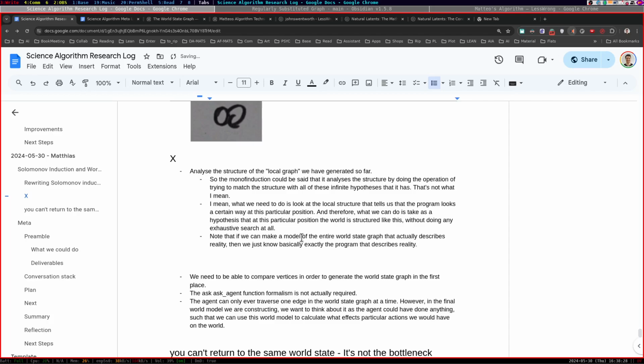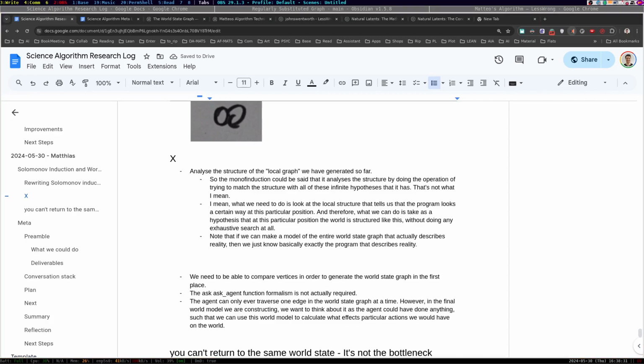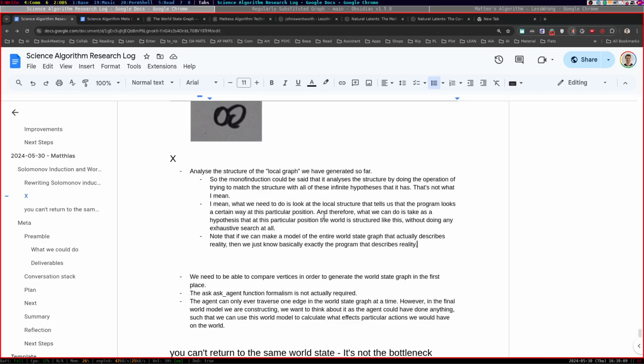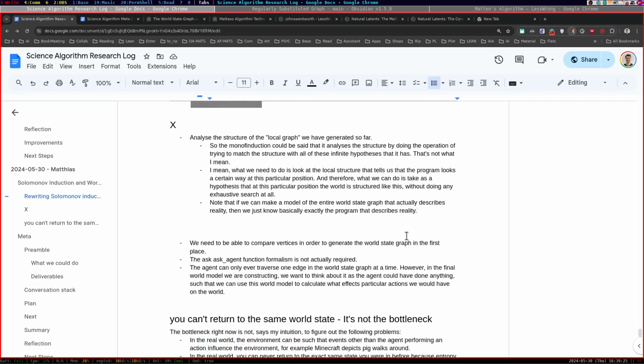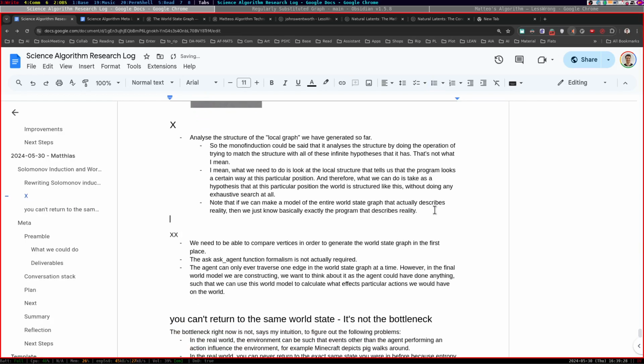So the important thing is that if we get an accurate model of the world state graph, we're done, right? Then you have the world model. Exactly. If we can do the graph analysis such that we get this model by finding these patterns, that's right, what you're saying.